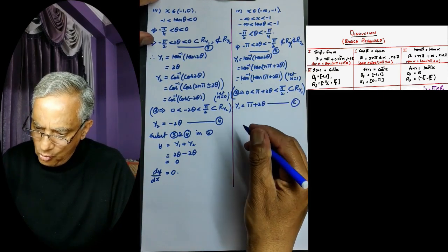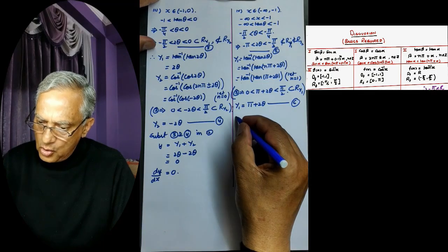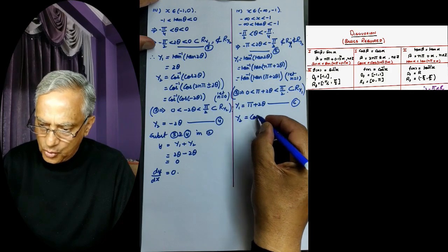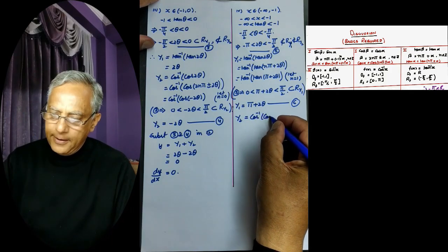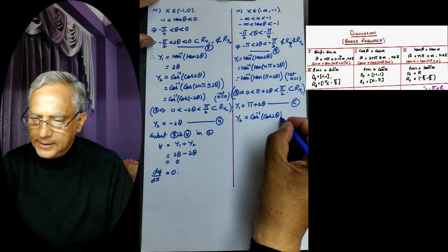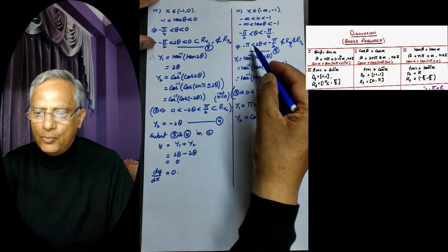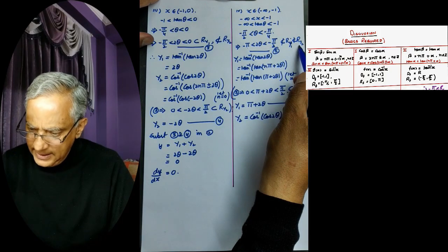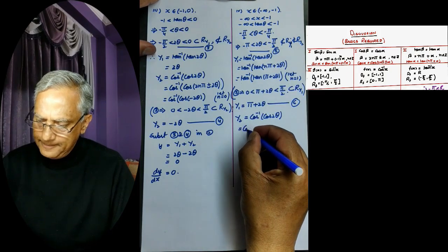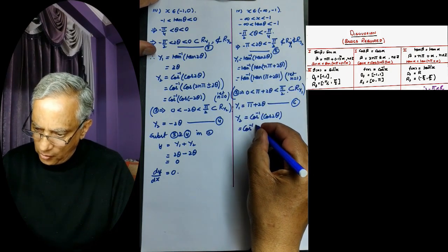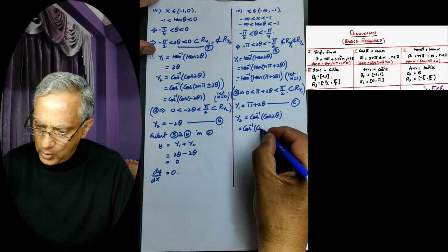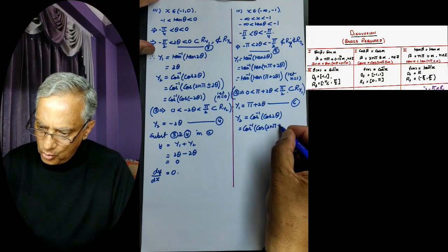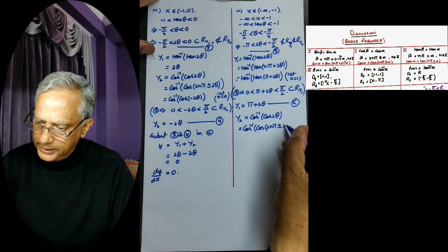Now for y2, we have y2 is equal to cos inverse cos of 2 theta. And 2 theta is in this interval, which is not within the range of y2. So we again simplify this as cos of 2n pi plus minus 2 theta, alpha is 2 theta.